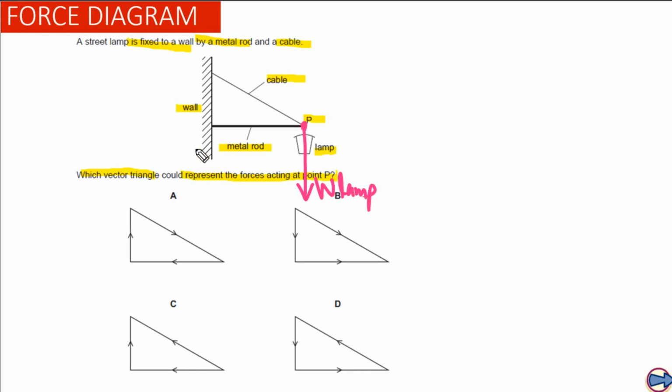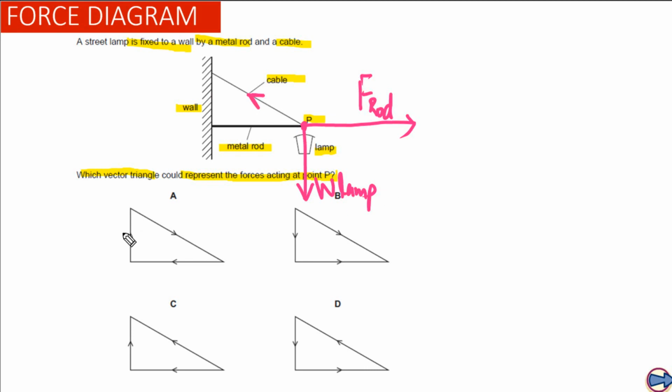And there is a force acting on the rod from the wall, and this force is acting to the right. We can say this is F rod, the horizontal force of the rod, and the tension in the cable is acting in this direction.